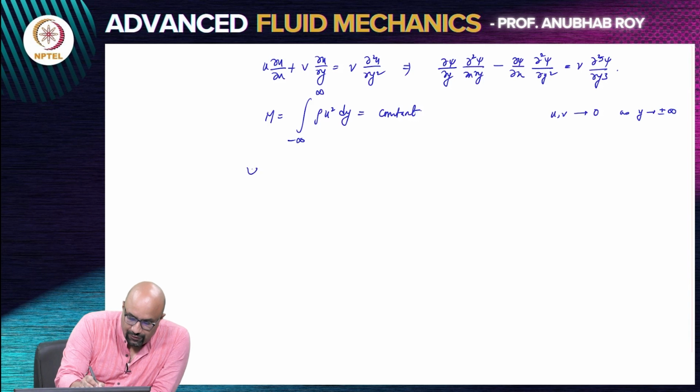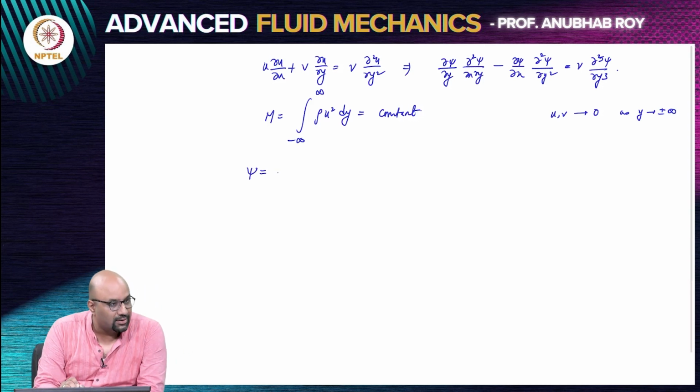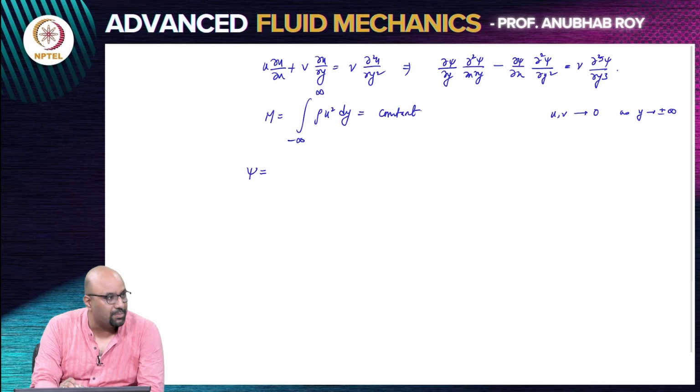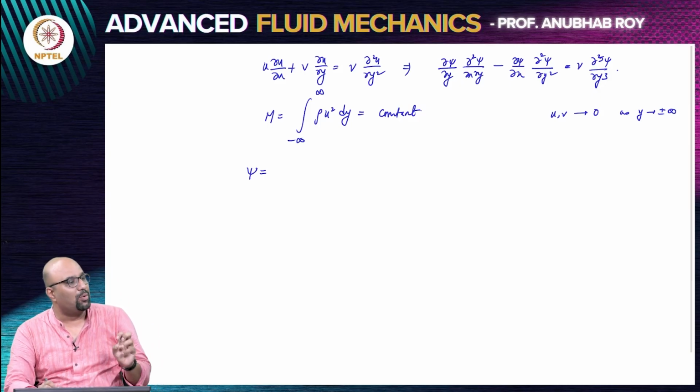So, if you start with how we have done in a Blasius kind of an approach, that we are looking for a similarity solution. Now, this is a slightly different kind of a problem. What you are doing is you are giving an input momentum flux and then trying to find out what would be the evolution of the flow.